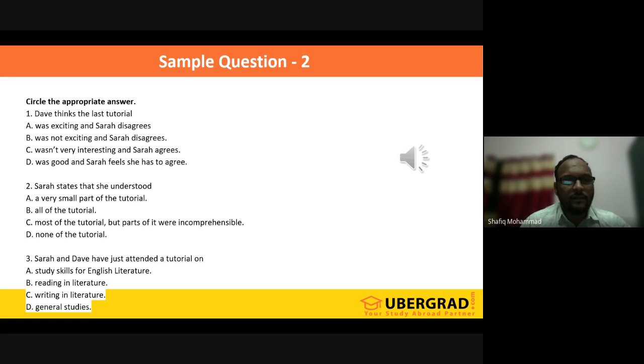Reading. Reading? Yes, reading. That's not exactly a sexy subject to be arguing about, is it, Dave? I don't know. I find it quite exciting, really. You would. We've just been to this tutorial on study skills as part of the English literature course, and Sarah's found it difficult to follow. No, Dave, that's not true. It's just there were some things that I'm not so sure about, or more importantly, sure whether they're important or not. Well, what was the problem? Well, when I read, I just read. And Dr. Pratt was going on about all these different techniques that we need to develop and hone.